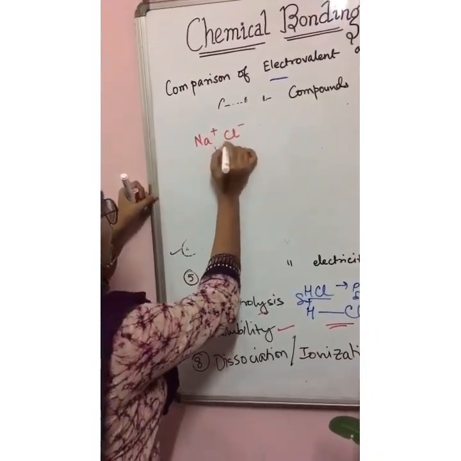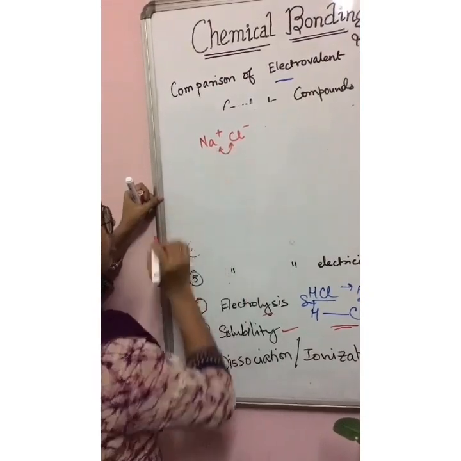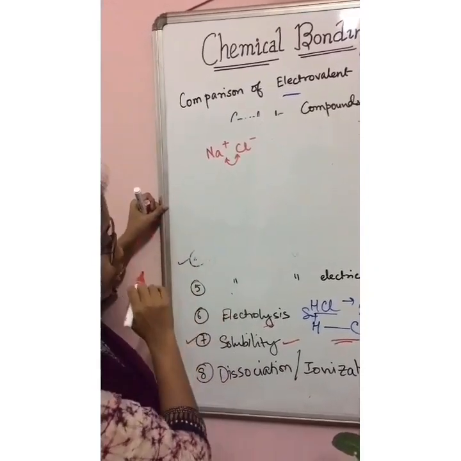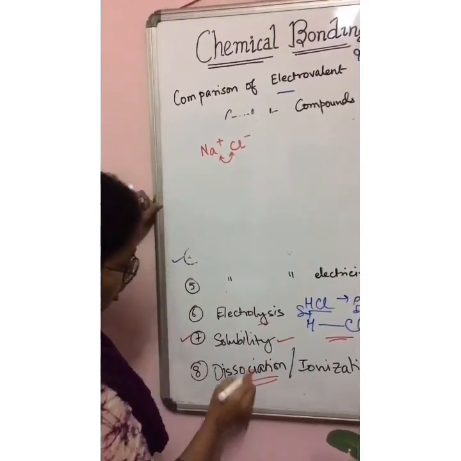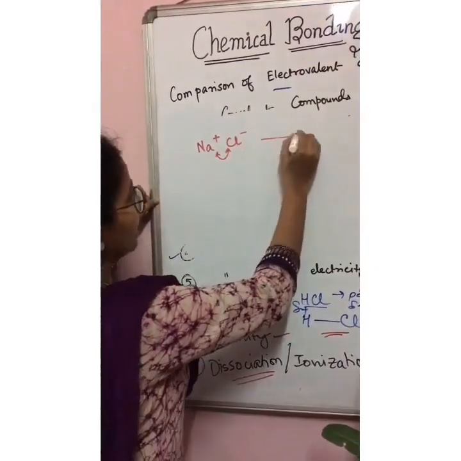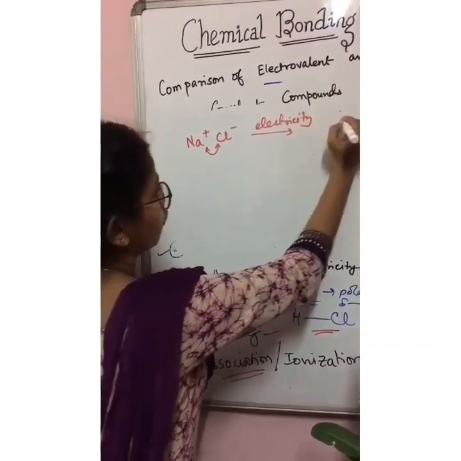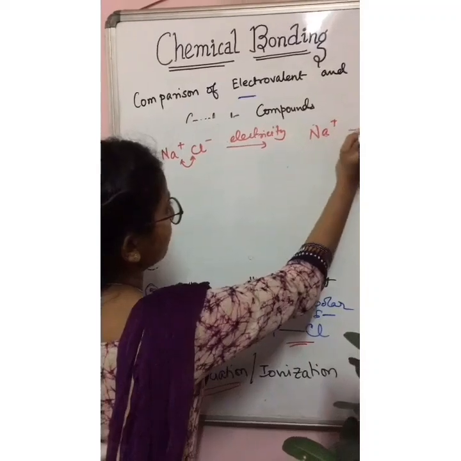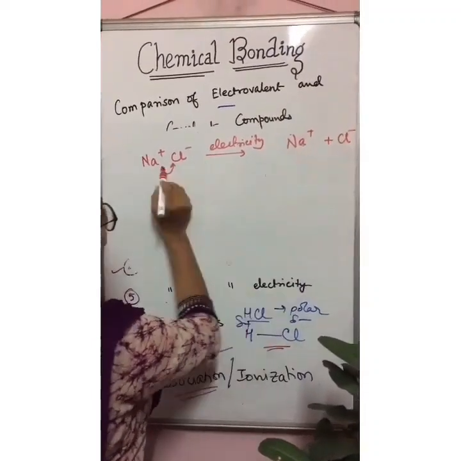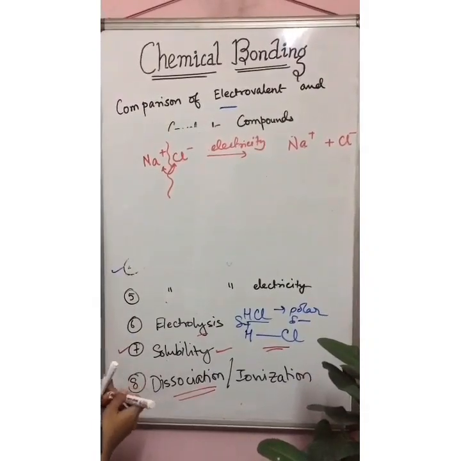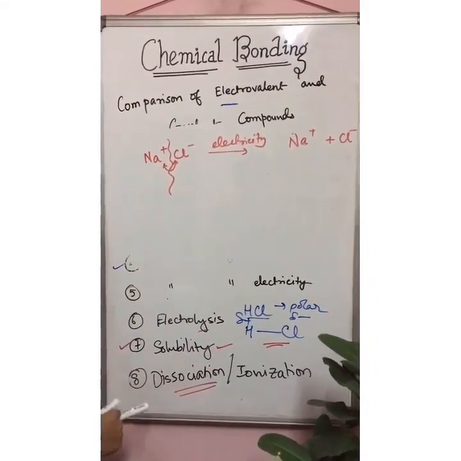These ions are attracted towards each other by electrostatic force of attraction. Dissociation means when you apply electricity, it forms Na plus and Cl minus; you break the force of attraction between the cation and the anion. This is what is called dissociation.